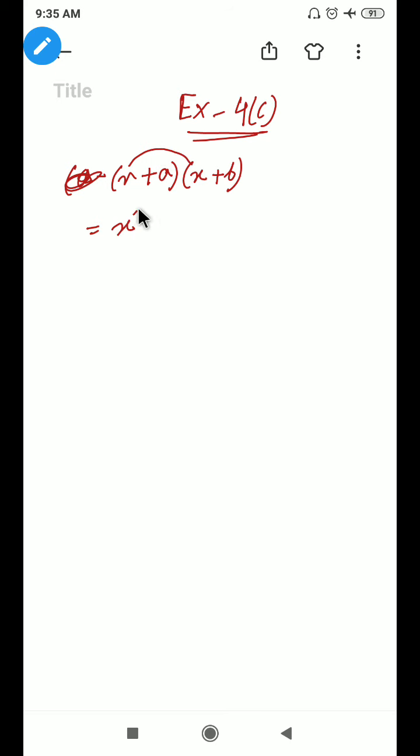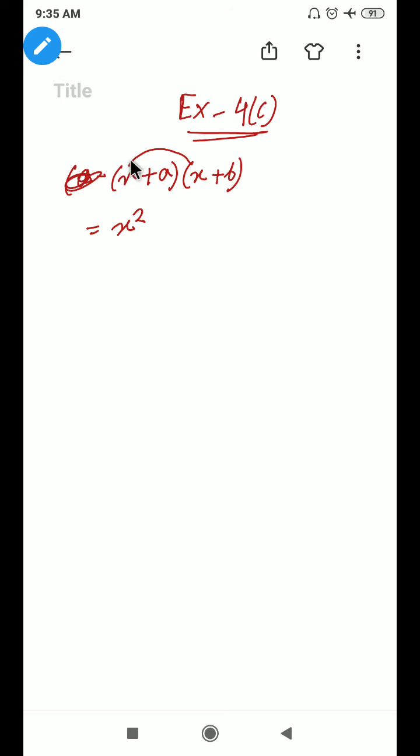Exercise 4C. The first formula is x plus a into x plus b. If we expand this, what will we get? Firstly multiply x into x, this will be x square.